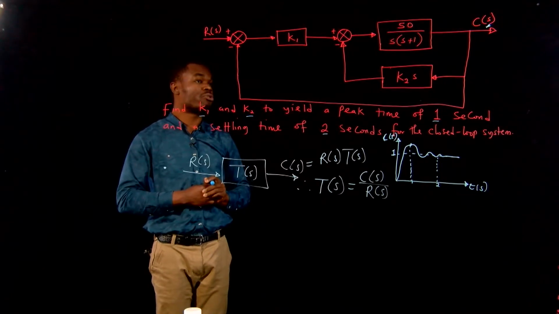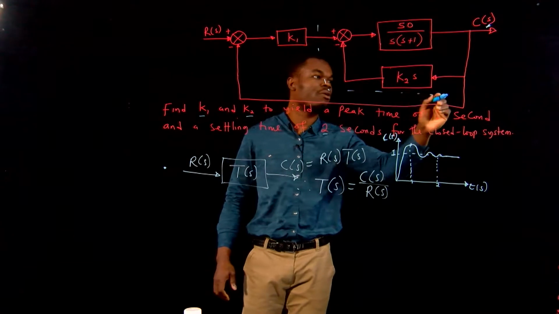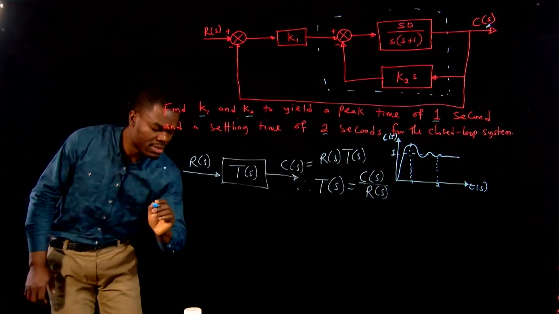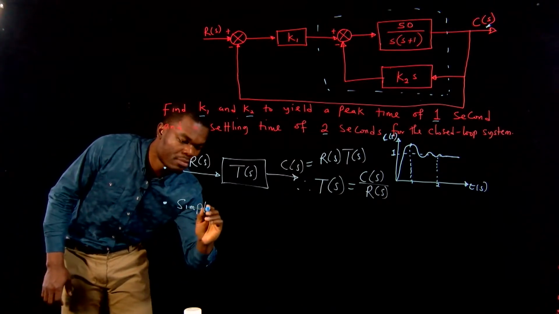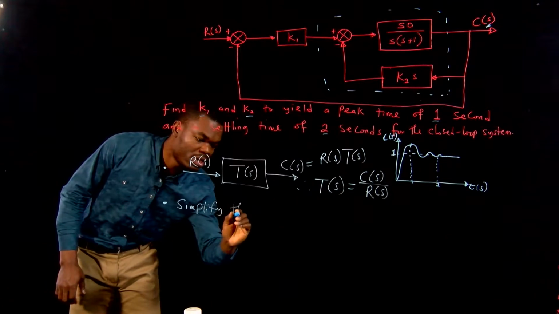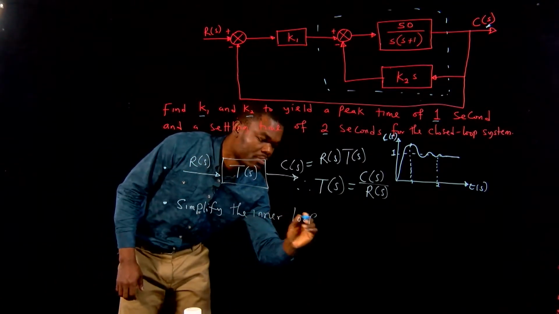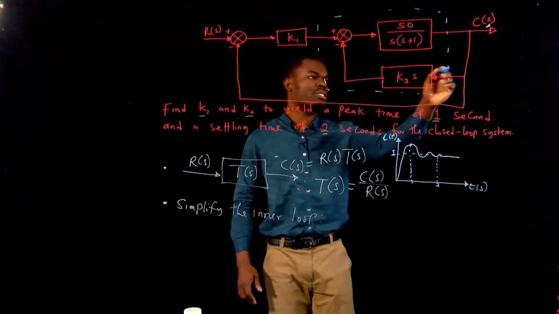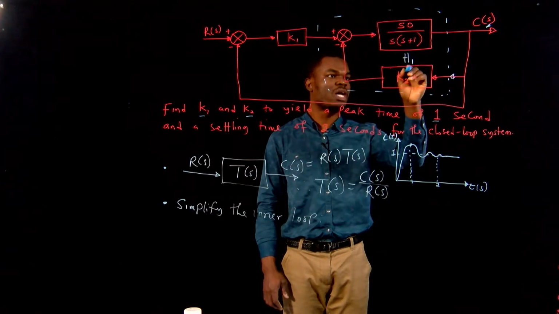And the first thing to do is to simplify the inner loop. So we need to simplify this inner loop to have one transfer function. Let's call this, since this is a feedback from the output, H1.